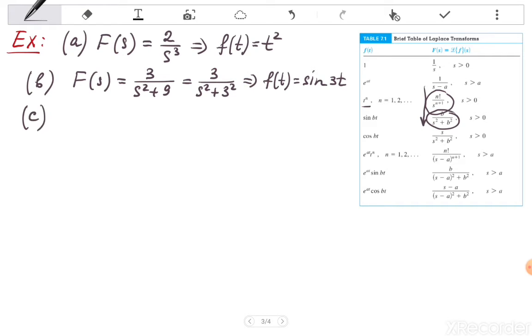Also, let's look at an example like this: F of s is s minus 1 over s squared minus 2s plus 5. Again, we have to look at our table and find something similar. We have s squared in the denominator, so let's find where we have s squared in sine and cosine, and also in these two.